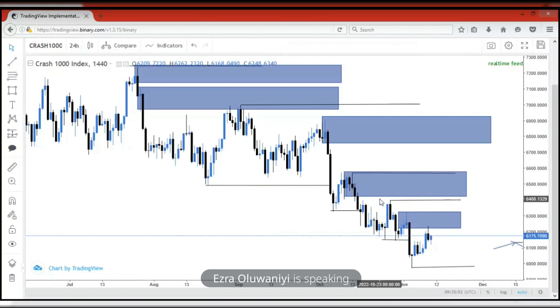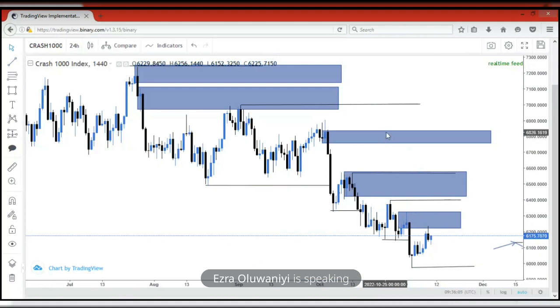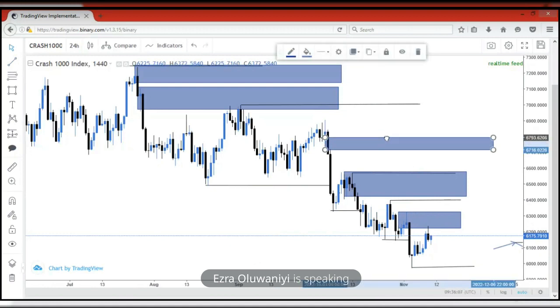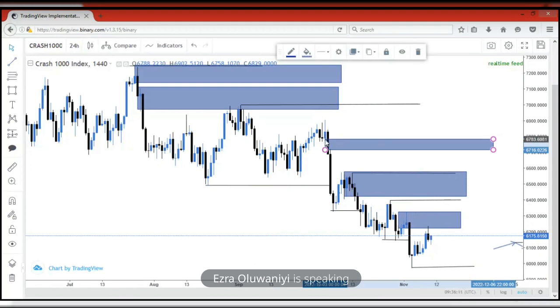The second thing that makes them special is that they have a fair value gap. You should always bear in mind that price draws towards two things: liquidity and fair value gaps.